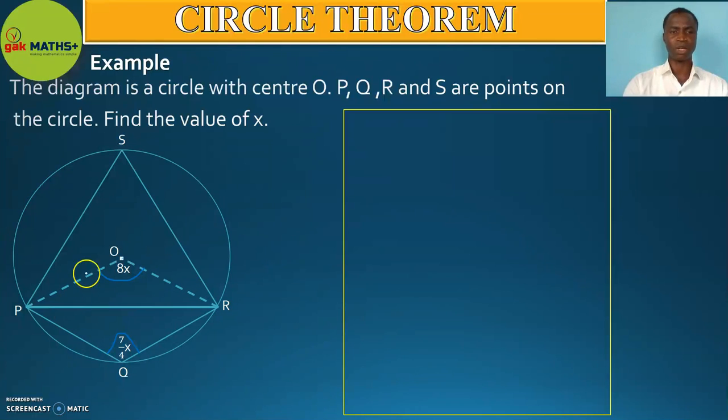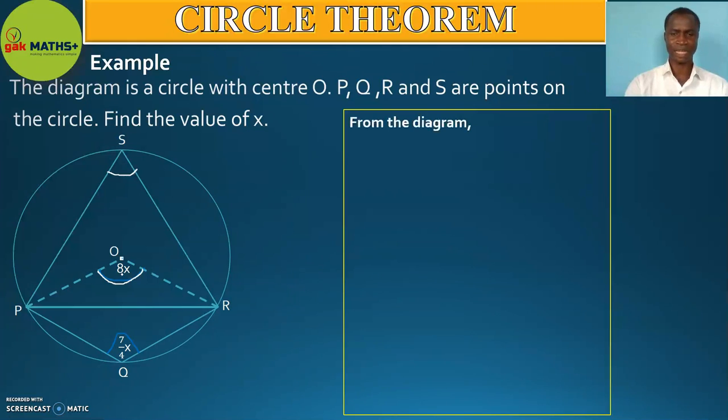If we take a closer look at the diagram, the angle subtended at S and the angle subtended at the center of the circle have a good relation. That is, 2 times the angle subtended at S is equal to the angle subtended at the center, that is 8x.